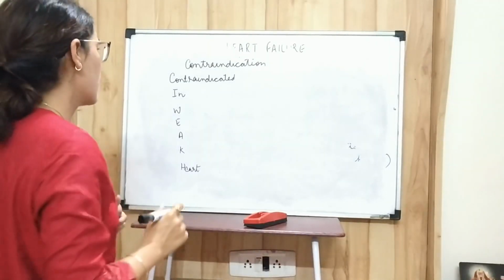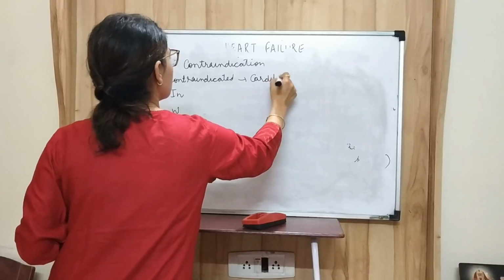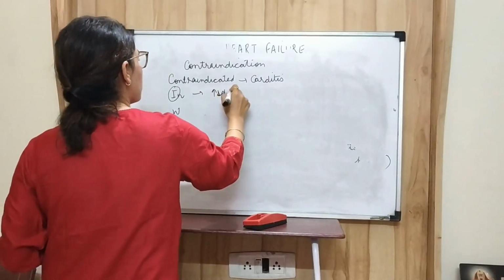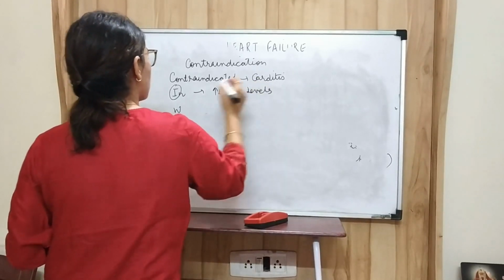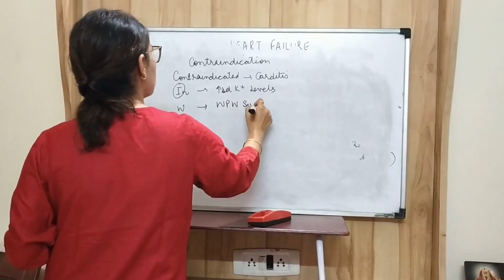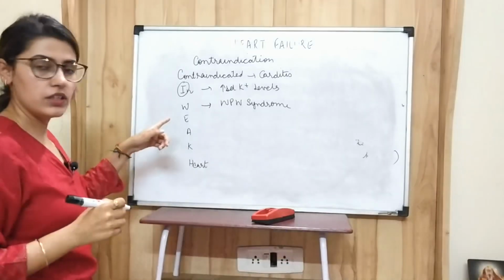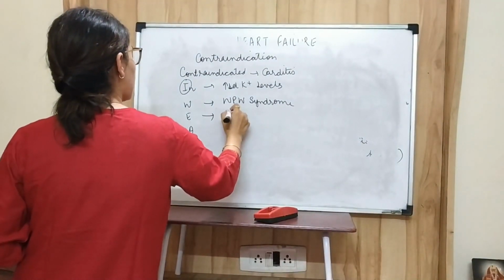C is for carditis. I is for increased potassium levels. W is for WPW syndrome. E is for elderly patient.